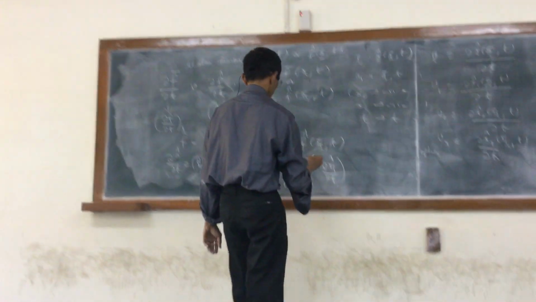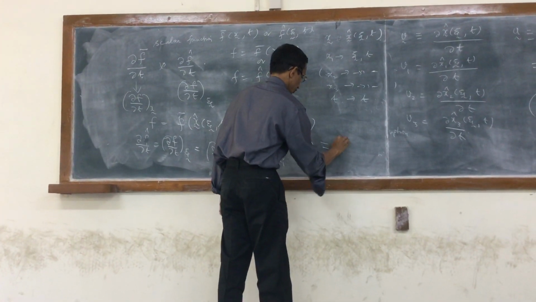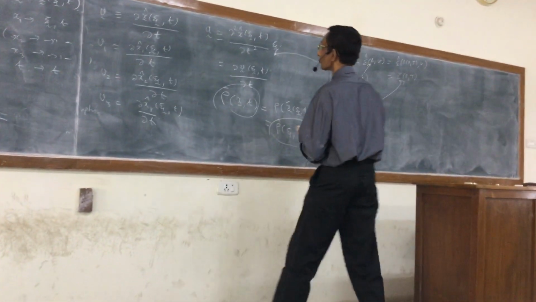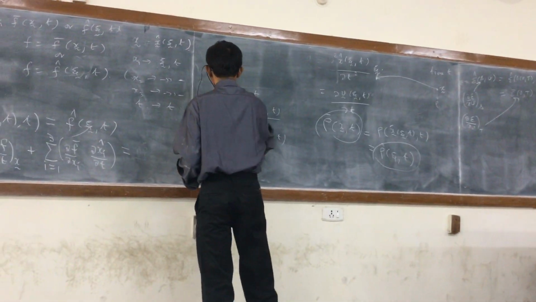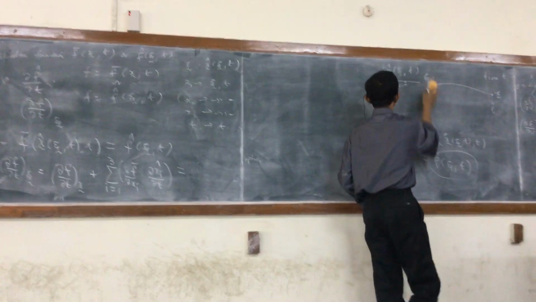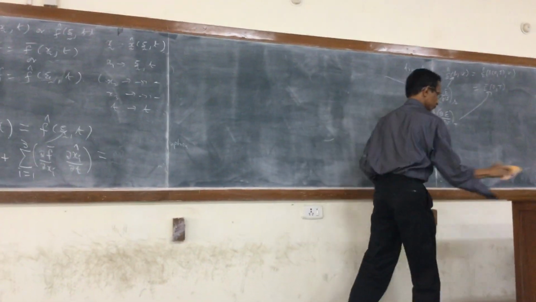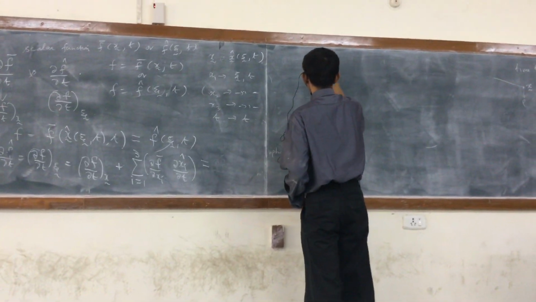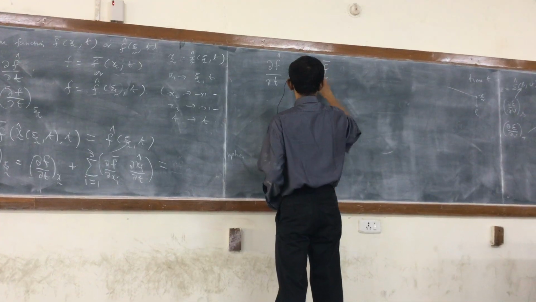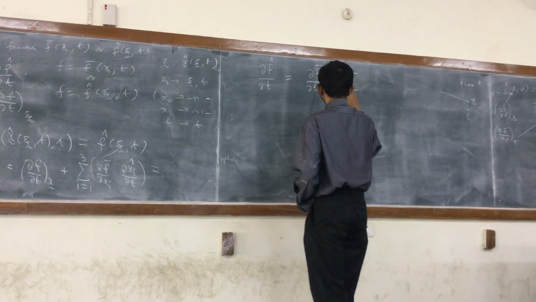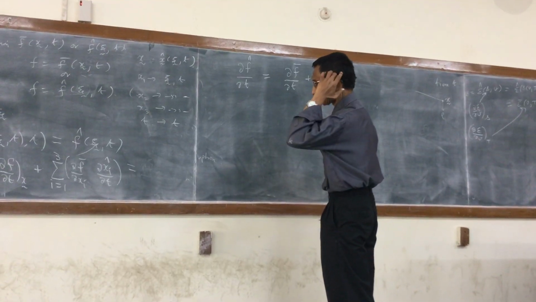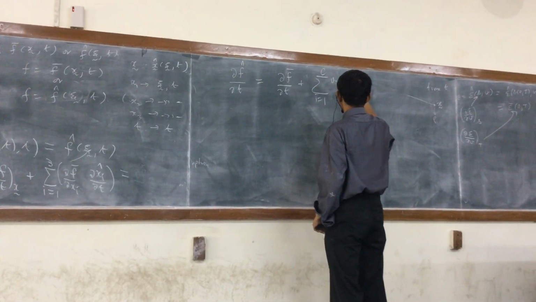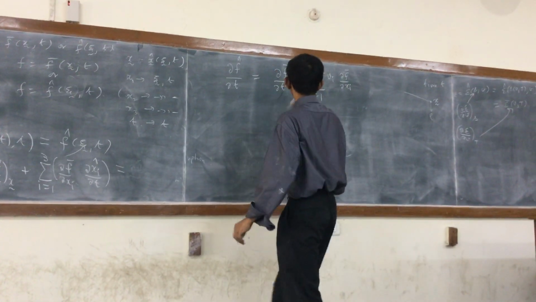So I can now write this as df cap by dt, slightly differently, the sum of vi times df bar by dxi, i equal to 1, 2, 3.